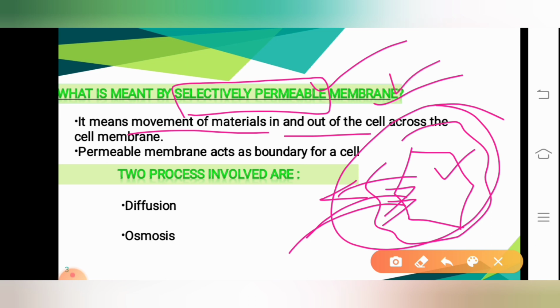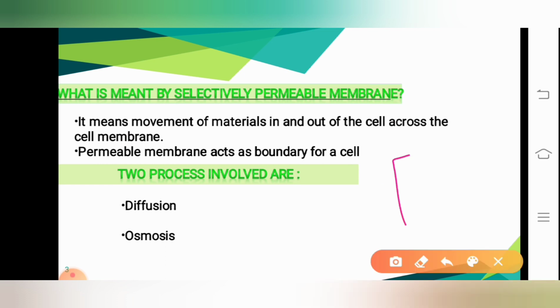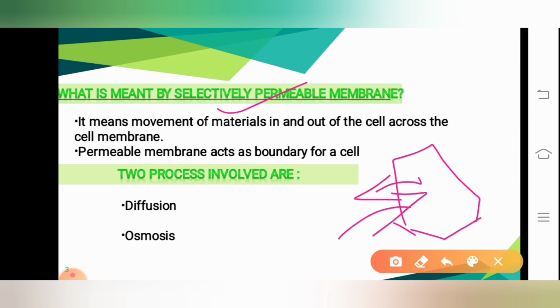It allows only certain materials to go inside the cell and also to move outside the cell. As it is selecting the materials which go in and out of the cell, we call it selectively permeable. And the membrane which allows this, we call the selectively permeable membrane.